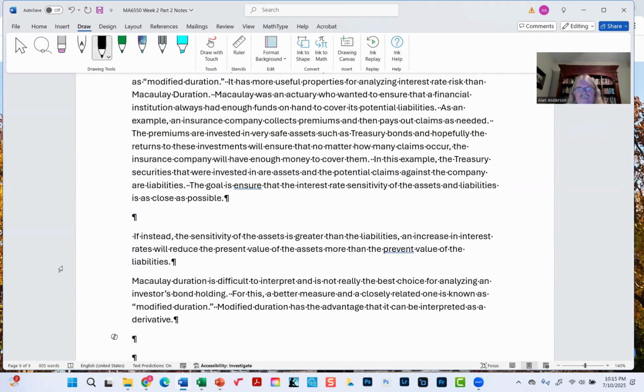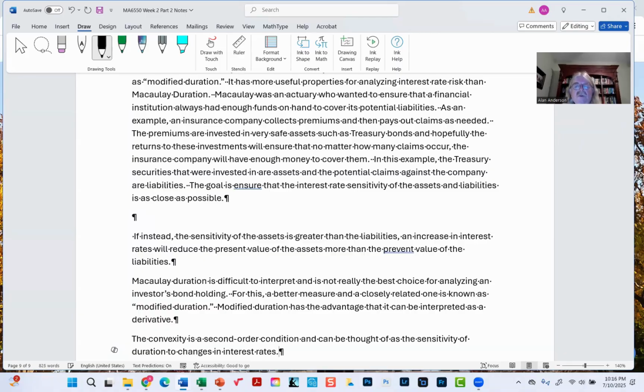The convexity is a second order condition, in the same way that the second derivative is the derivative of the first derivative. The convexity is a second order condition and can be thought of as the sensitivity of duration to changes in interest rates.